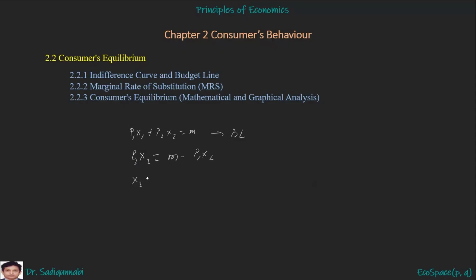That means x2 equals M divided by P2 minus P1 divided by P2 times x1. Okay, so now we take the first derivative. The slope of BL, dx2 over dx1, is minus P1 over P2.